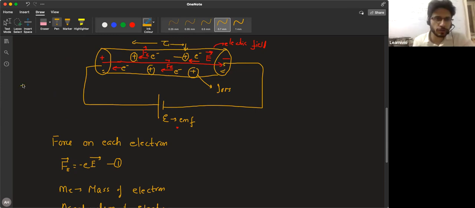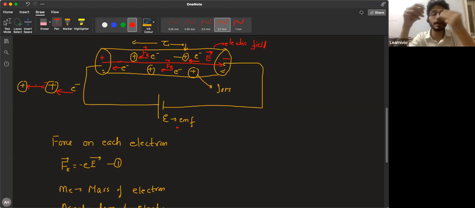Like if I show you two ions, this electron is here. The electric field will apply force on the electron. The electron will accelerate and then collide with the ion and then it stops. Then it again accelerates, collides with an ion and stops. So the electron will accelerate only for the time it takes between two collisions with the ions.